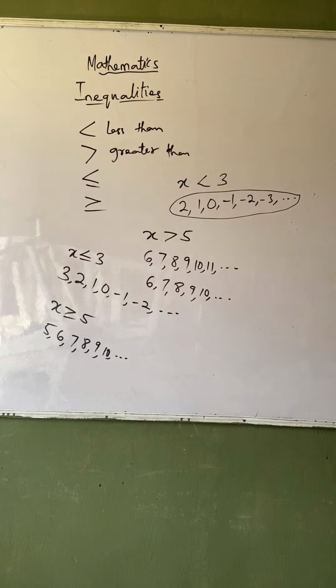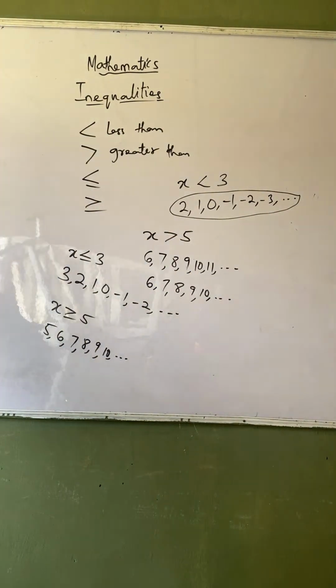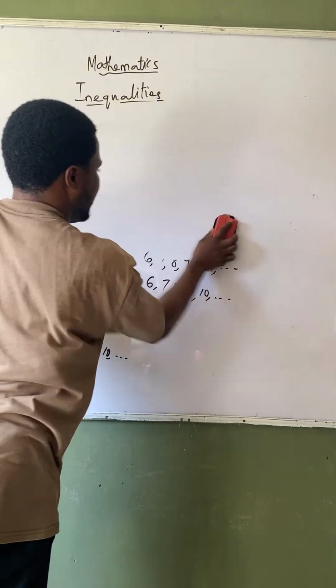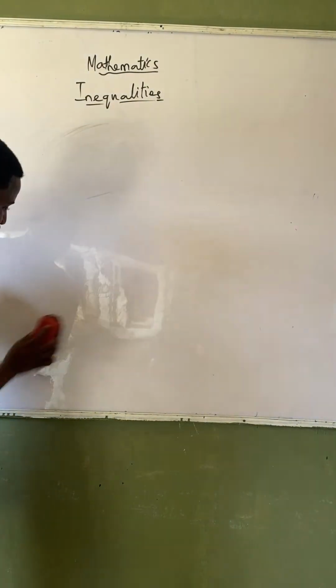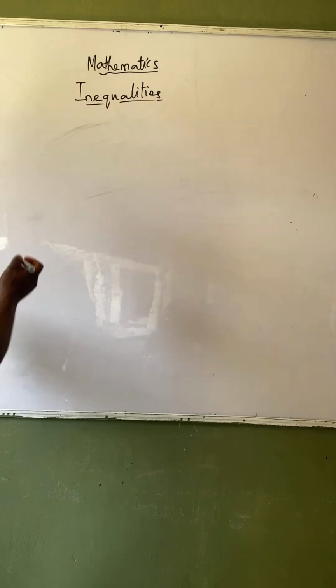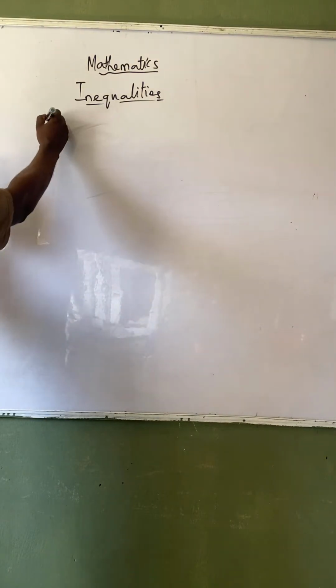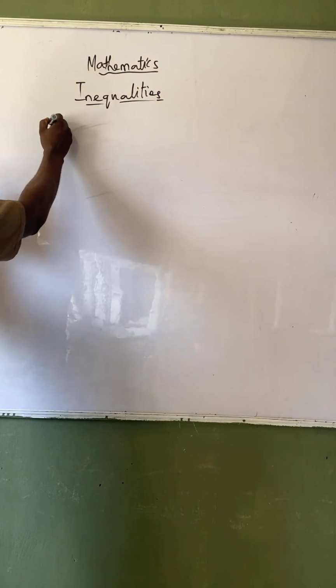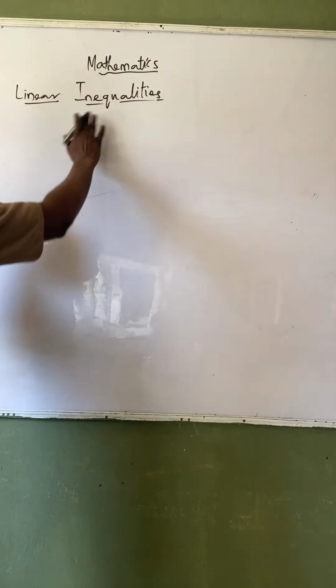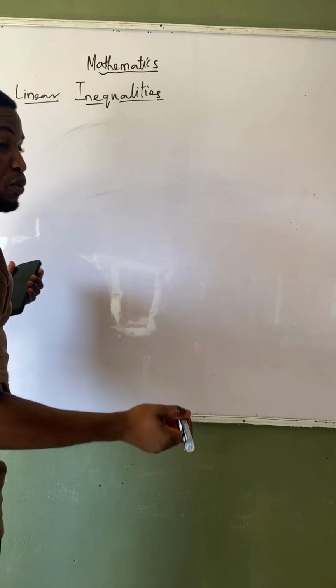Okay, let's look at this together. Let's solve this together. This is linear inequalities because it's still linear, like a linear equation.